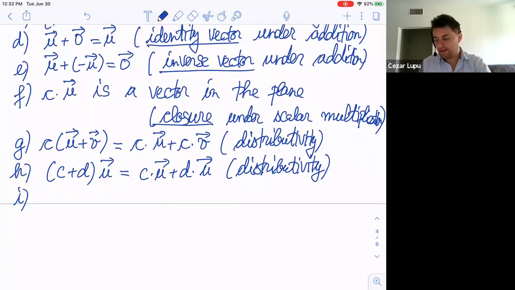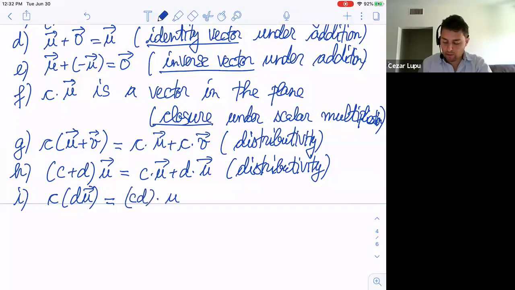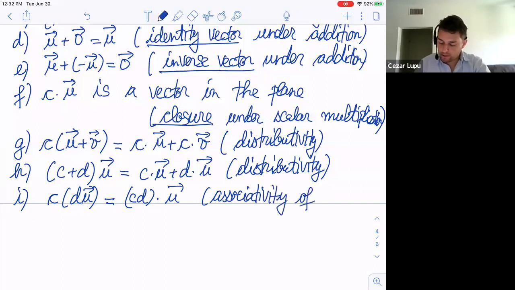And now let's see two more. Maybe we want to do something like distributivity in this way, but instead of adding two scalars, I multiply them. So this is just multiplying the two scalars, and then you multiply by the vector u. It's called associativity of multiplication.